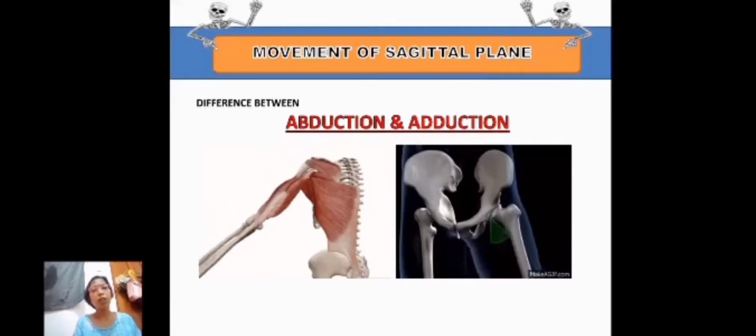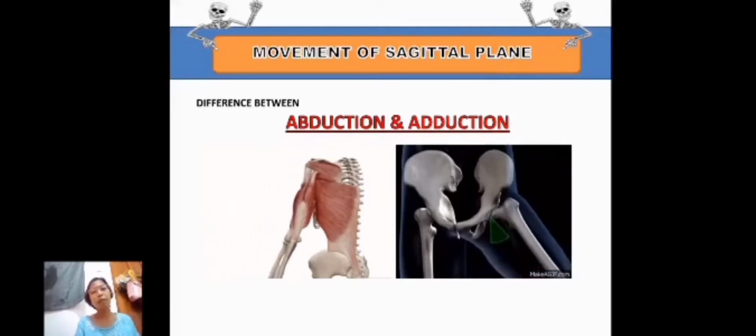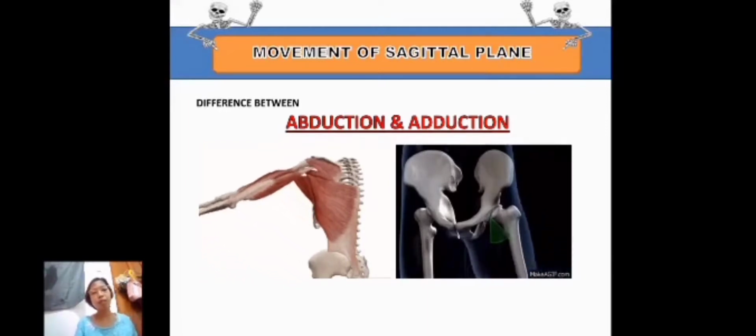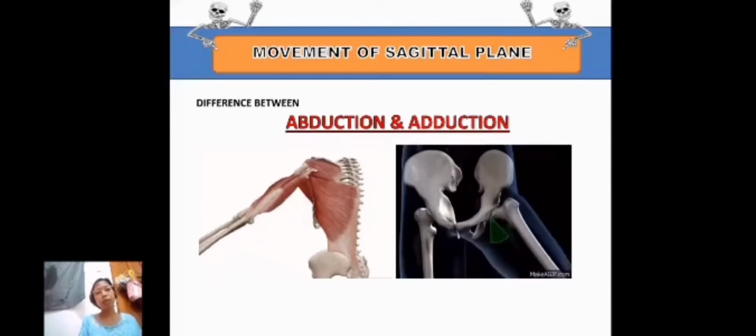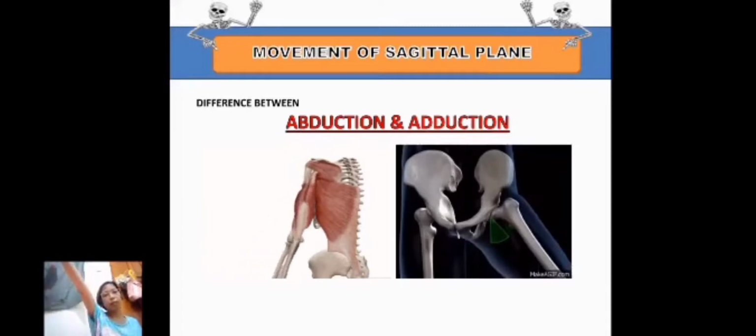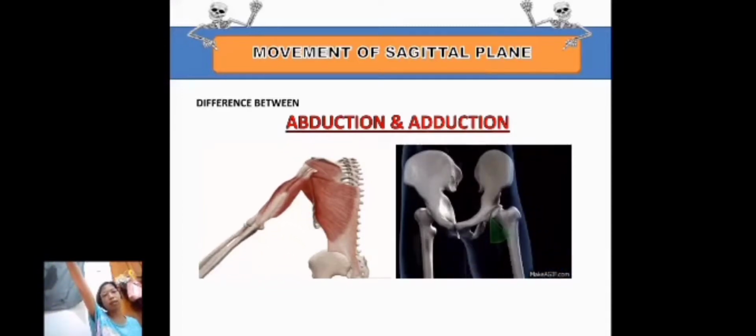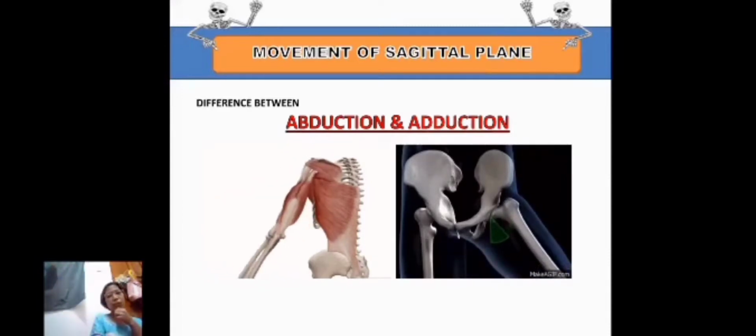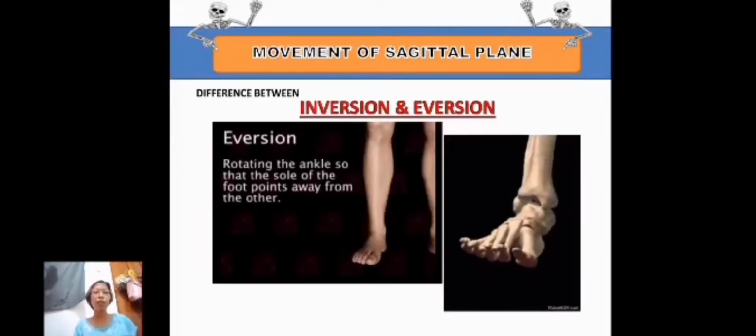Okay, let's proceed to the difference between abduction and adduction. It is the movement of the sagittal plane. When we say abduction, it is moving away from the mid-sagittal line, like this one. When we say adduction, it is moving towards the mid-sagittal line, like this one. Okay, let's proceed to the difference between inversion and eversion.